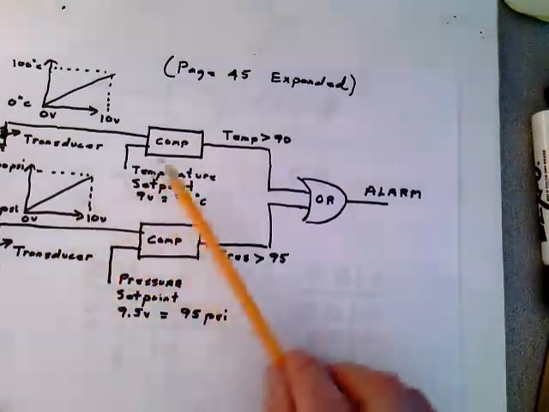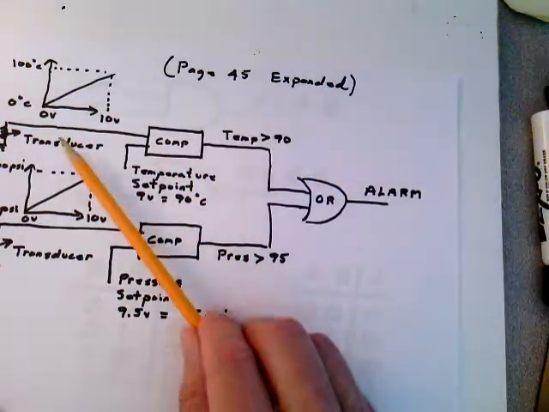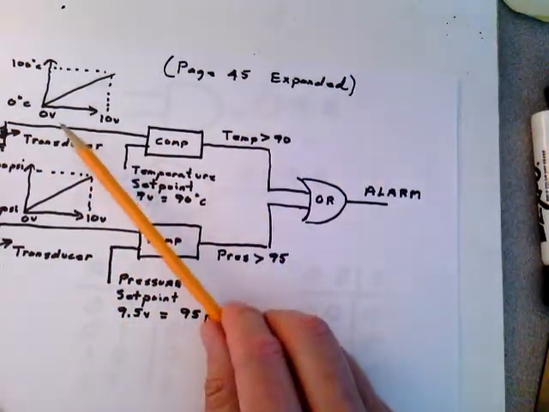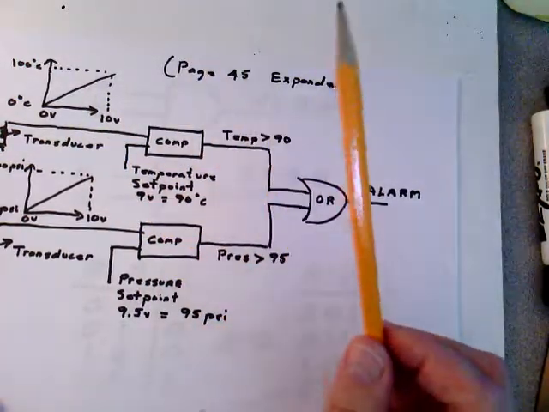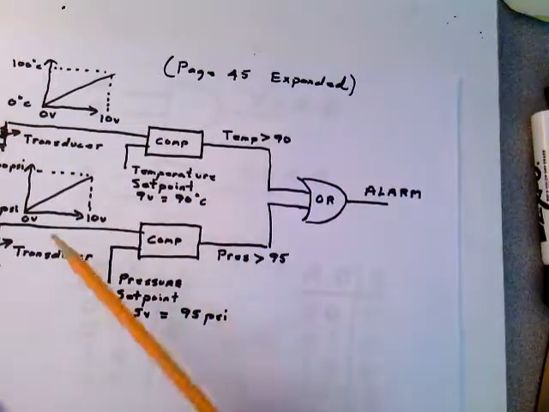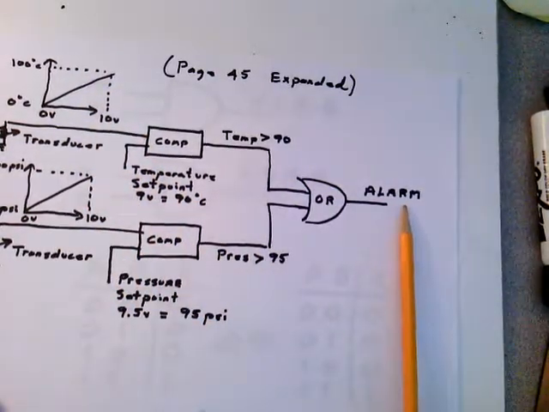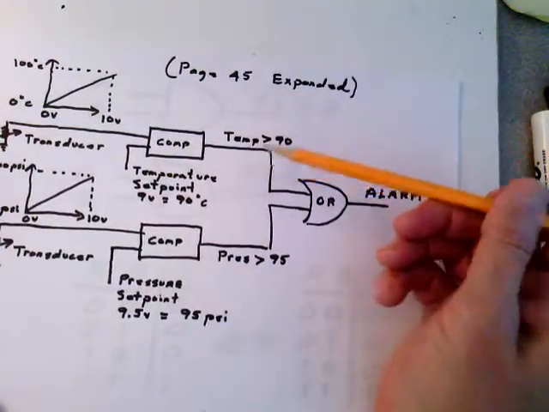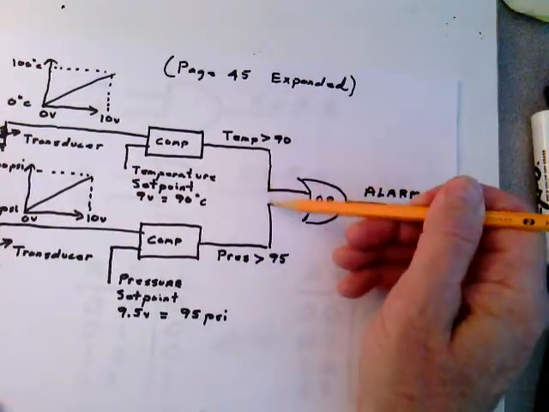So we're going to use these same comparators, but we're going to get different transducers, different set points, and we're going to sense whether or not there's smoke or whether there's heat. And I don't care whether there's smoke or heat. We want an alarm when both conditions are active.